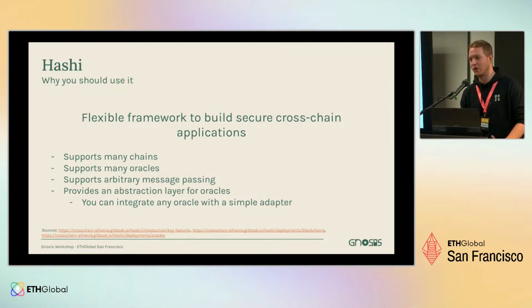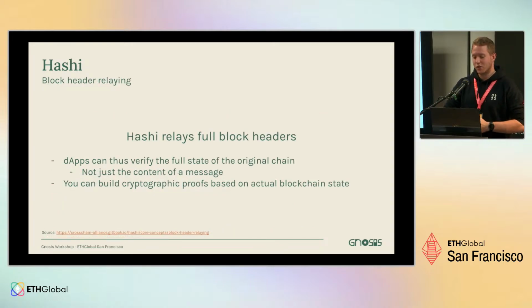This also makes it possible, for example, to swap out oracles or bridges in case one gets compromised, or is too expensive, or you prefer a new one for whatever reason. You can write a generic application and then at some point swap out the bridge you're using without changing your code. Hashi also does block header relaying.